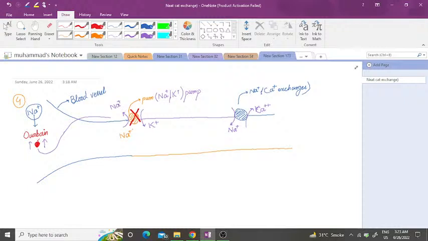Sodium will not be able to go outside, so intracellular sodium activity will be enhanced. When sodium activity inside is enhanced, the exchanger activity will automatically be decreased.